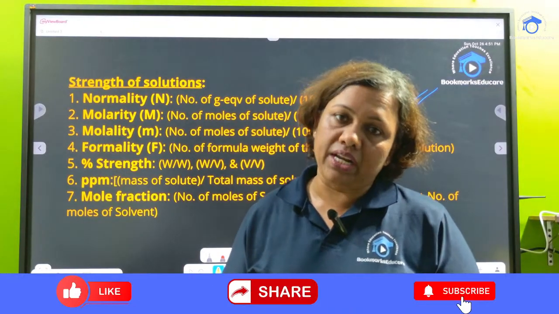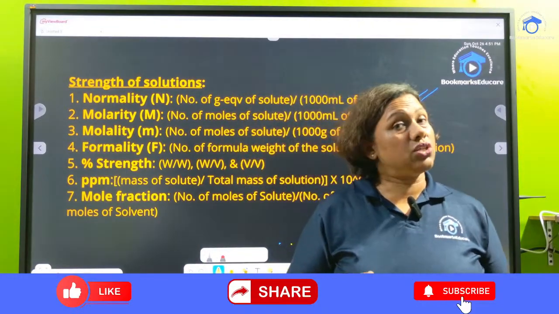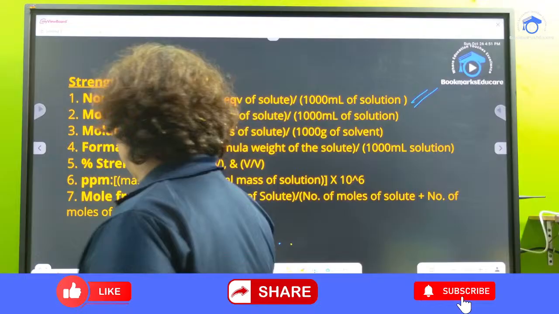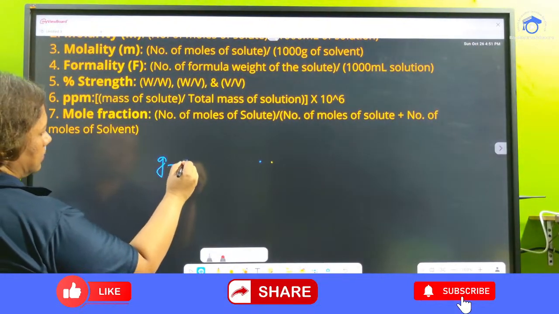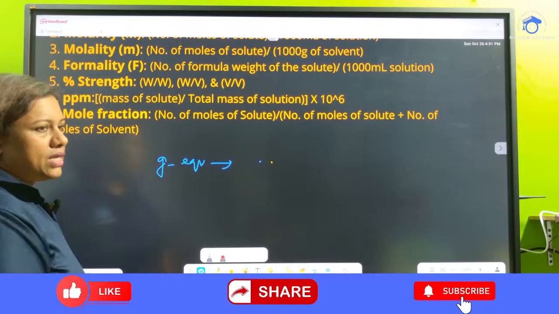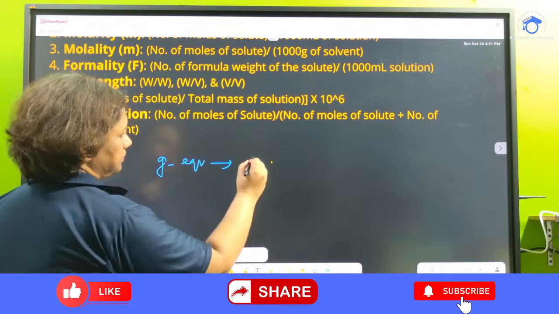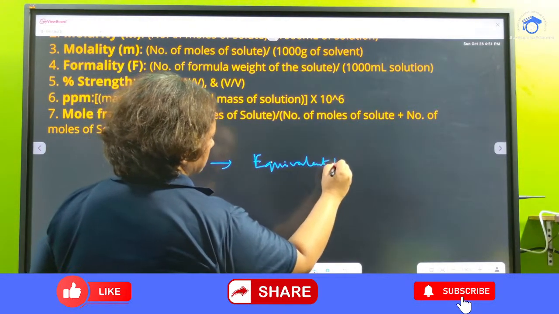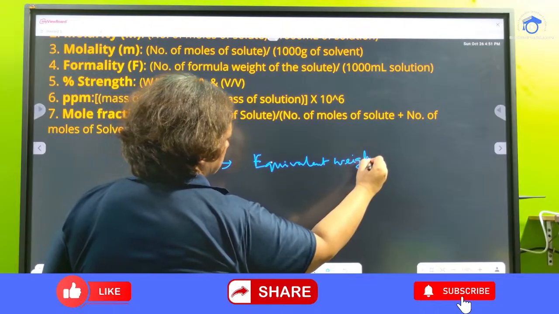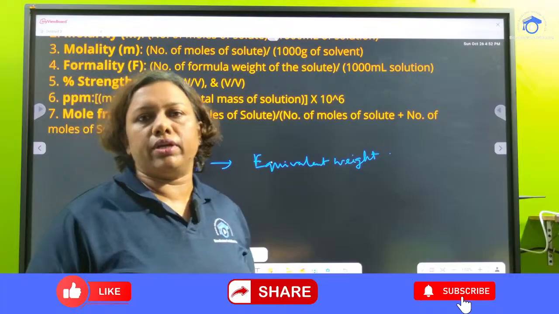That is called normality of the solution. Okay, now what is gram equivalent? This concept should be very clear. For that, you have to know what is equivalent weight. Mostly, lots of formulas for equivalent weights are there.